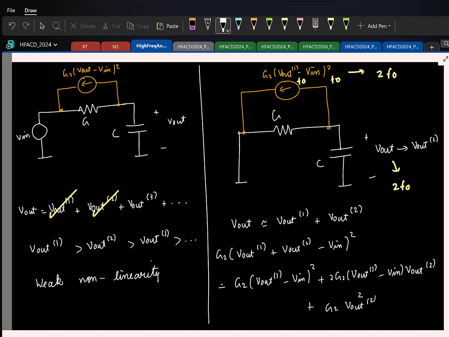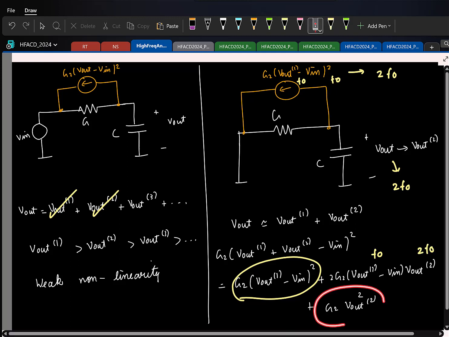Now I've already found the response due to the first term in the previous step. Now my goal is to find V out 3. Which of these two terms will give me the third order nonlinearity? The second term, right? Because the first is basically the linear portion, containing only F naught. This contains 2 F naught, and that will give me 3 F naught, right?